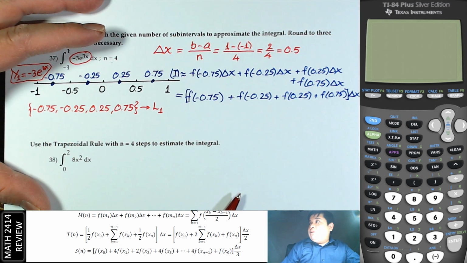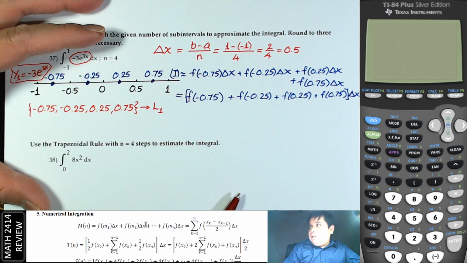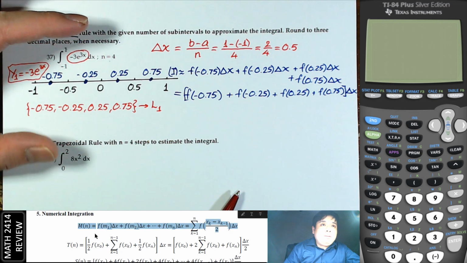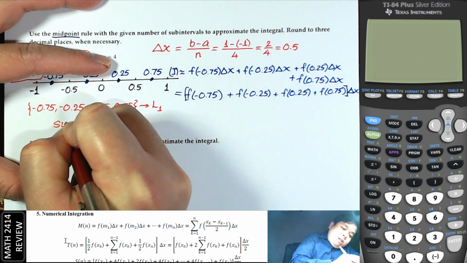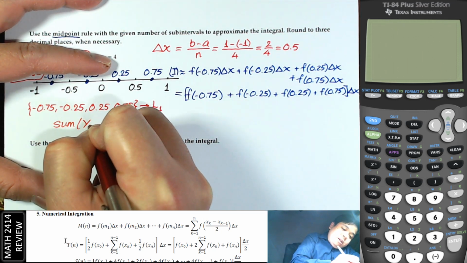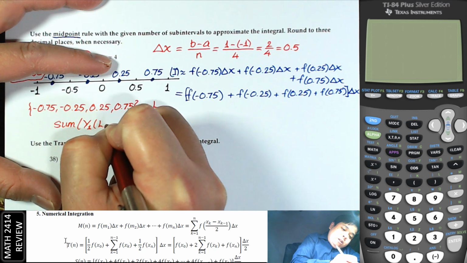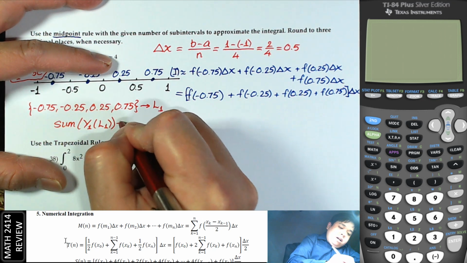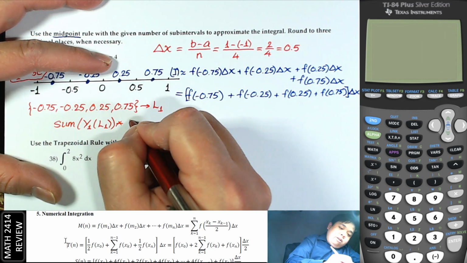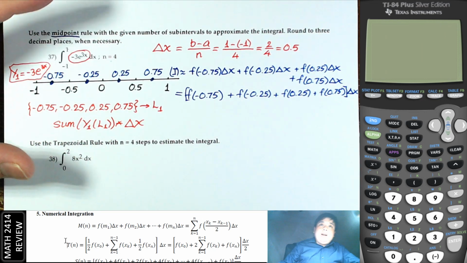Yeah, so that is the midpoint rule. So then we will add all of the function values and then times delta x, which is 0.5.